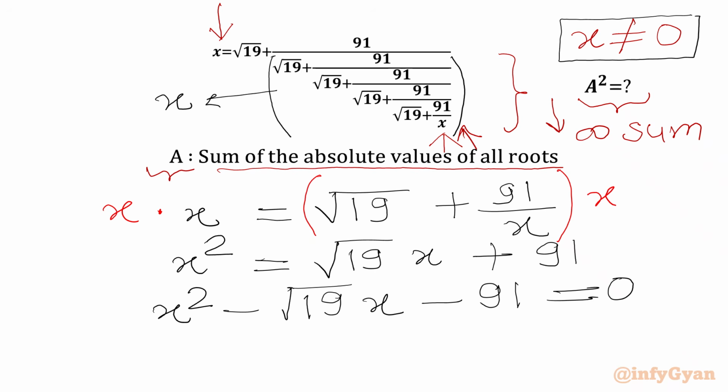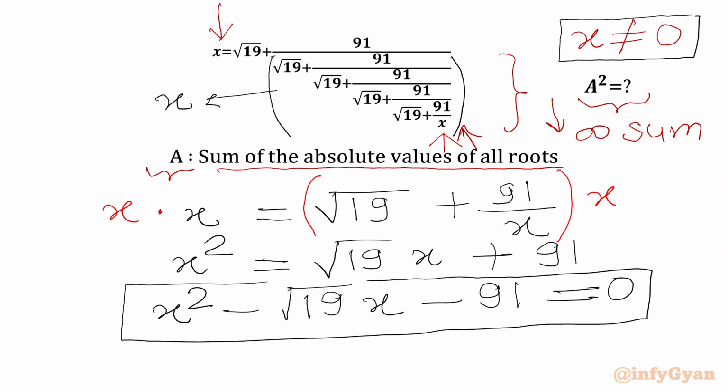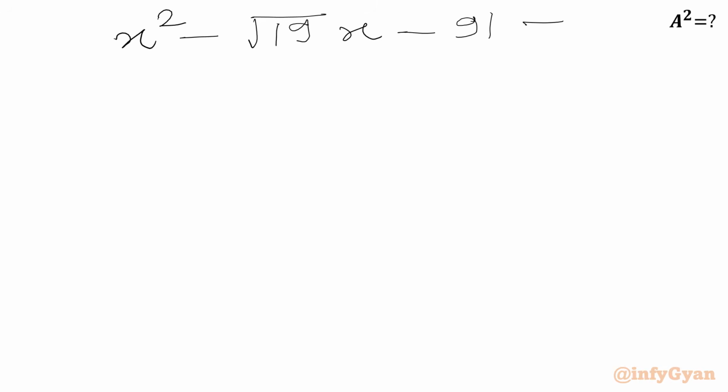Now this is a quadratic equation. We are going to use the quadratic formula. So I need to write the equation x square minus square root 19 times x minus 91 equal to 0.